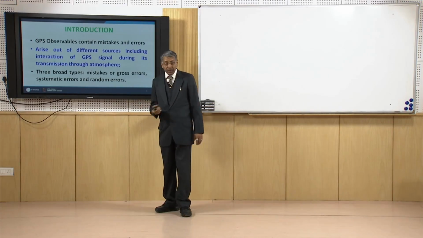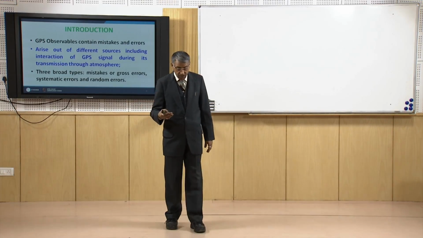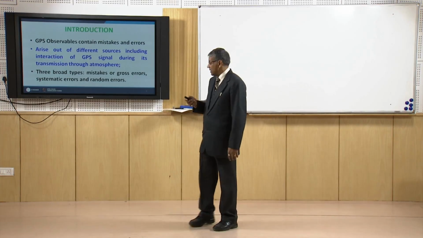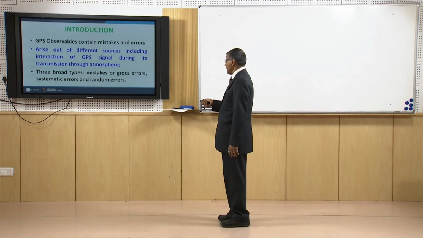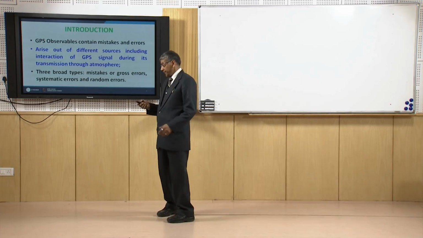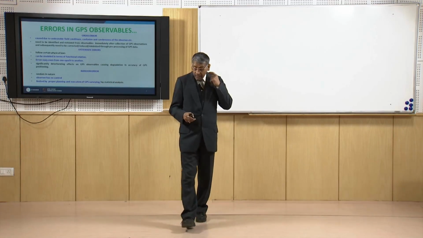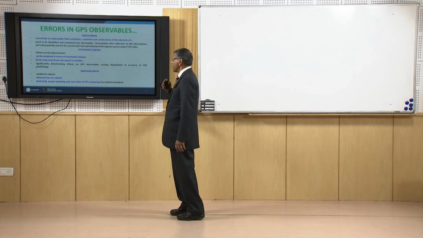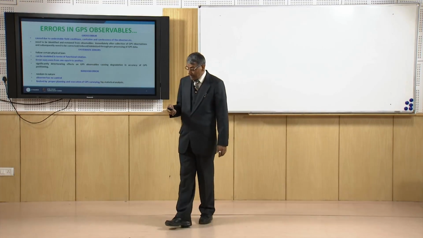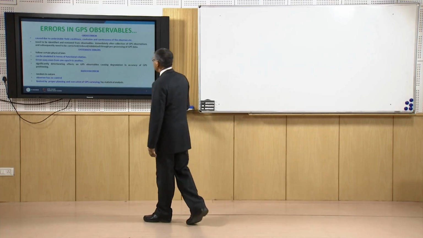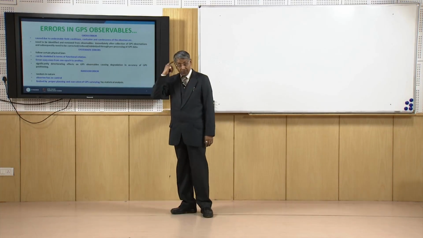Now depending on the nature of errors, errors are divided into three broad categories: gross error or mistakes, systematic error and random error. As I told you, inadvertent mistakes mean some errors are coming due to undesirable field condition, confusion and carelessness of the observer.